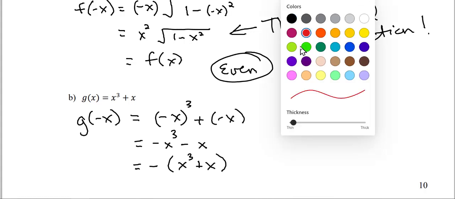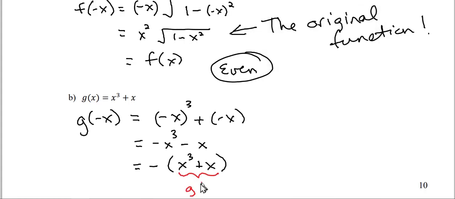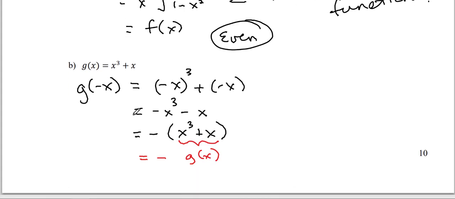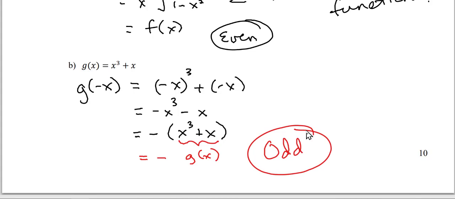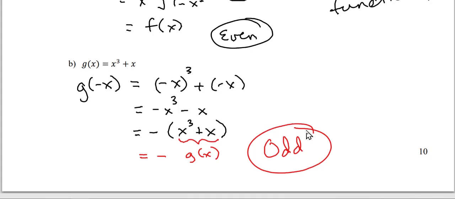Well, this part right here is g of x. So this is equal to negative g of x, negative of what we started with. Now, it's really important to recognize that it has to be negative of the entire function. If just one of these had been negative, then it wouldn't have worked because you have to be able to factor that negative out and have that original function on the inside. This is odd because we got negative of what we started with.